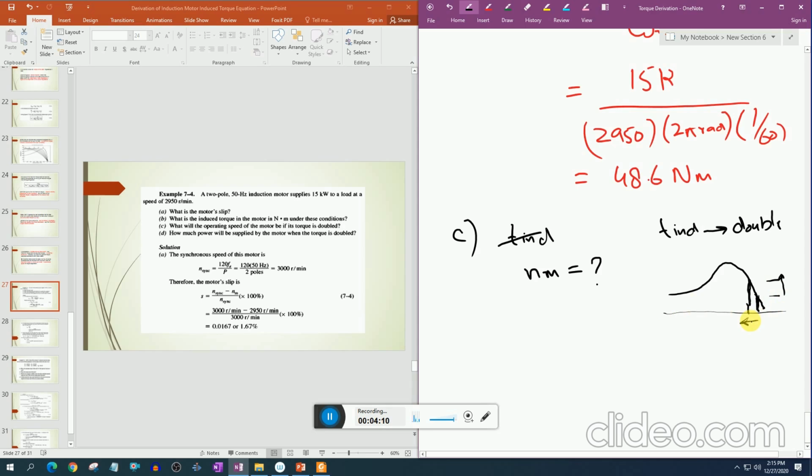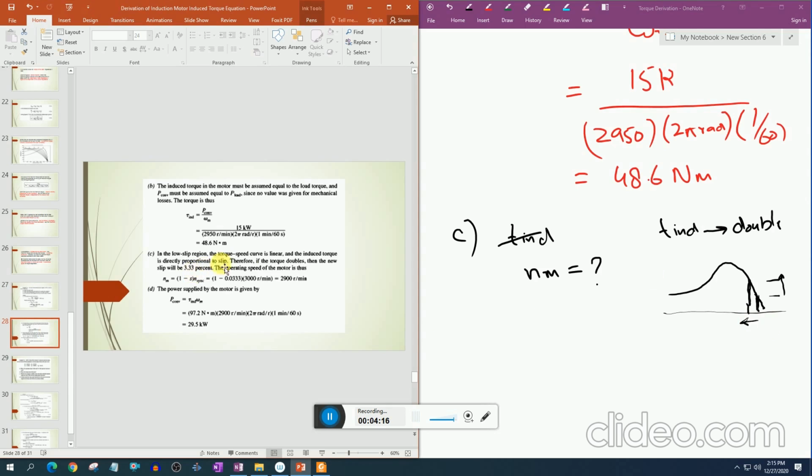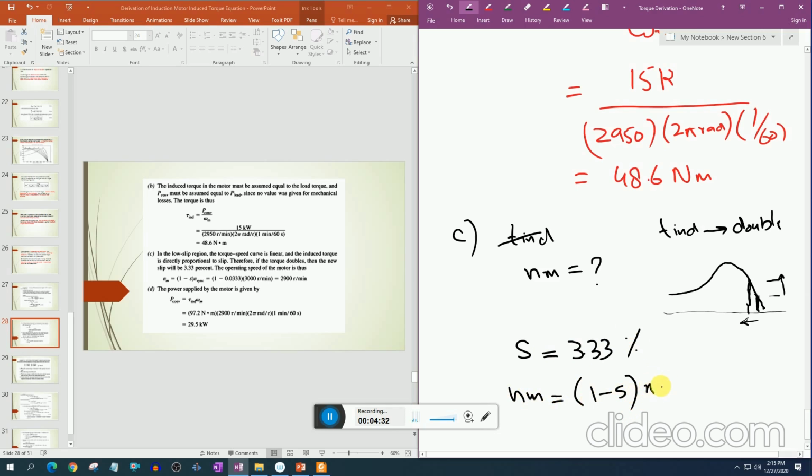If torque increases, slip also increases. The given slip is 1.67% and its double is 3.33%, and using this in the equation 1 minus s into n synchronous, 1 minus 0.0333 into n synchronous, gives 2900 revolutions per minute.